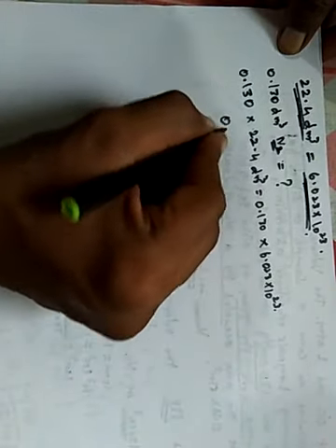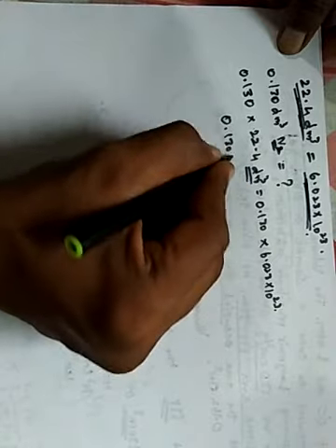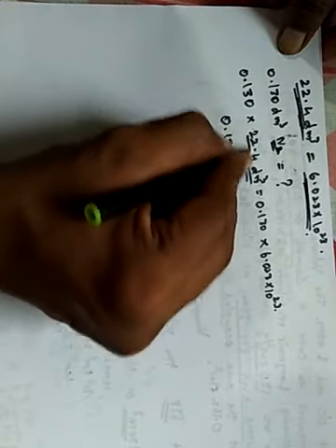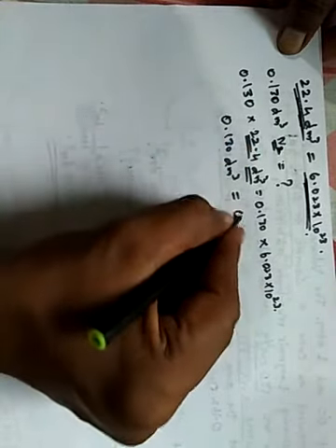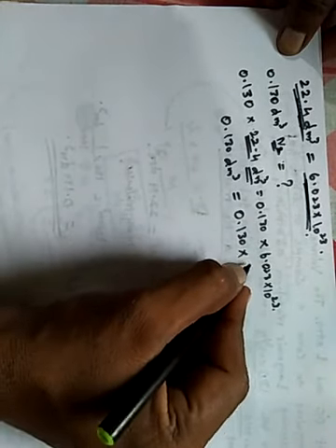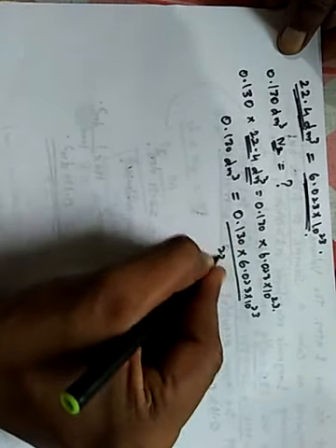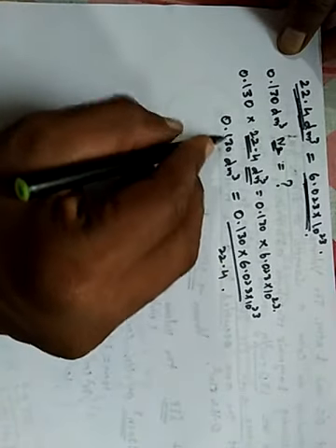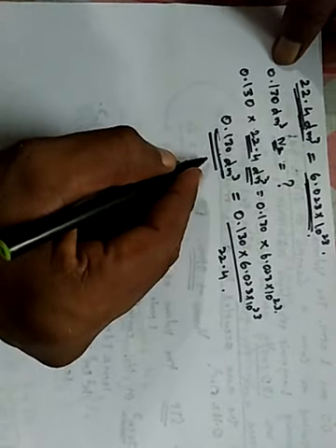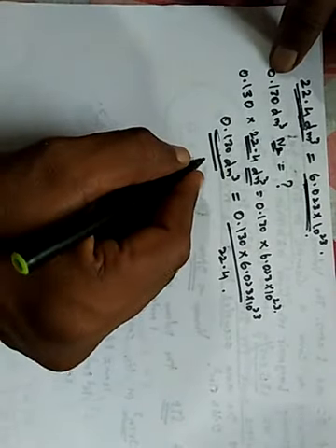So this gives 0.130 decimeter cube, and you take this 22.4 to the denominator on the right side: 6.023 into 10 power 23 divided by 22.4. So this actually gives the number of molecules present in 0.130 decimeter cube.